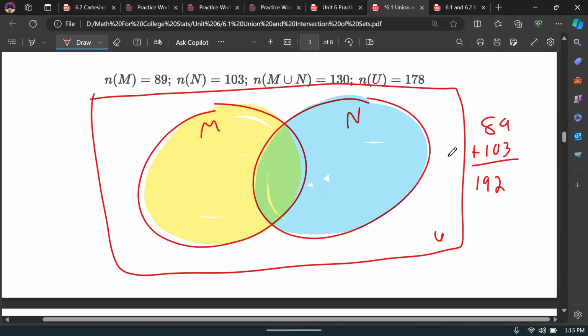So the difference here is how much is in this overlap. So if I can find out the difference between this number and the amount that's supposed to be in total here, then I'll know how much the overlap contained. So if I take the 192 and I minus the 130 from it, we're going to see that I have 62 in the middle. So 62 is my overlap.